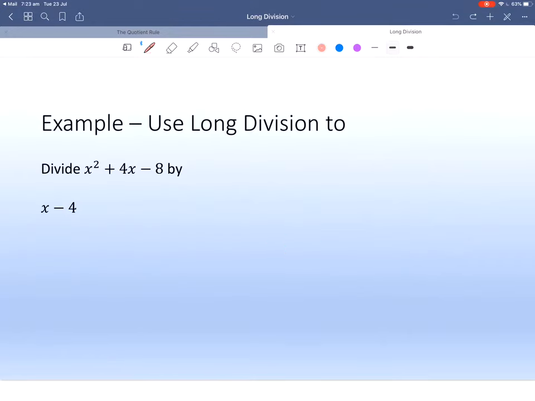So I'm going to use long division to divide this by this, okay? I'm going to use a notation that we haven't used in a very long time, and that's this. So I'm going to go x minus 4 into this guy here, x squared plus 4x minus 8, okay?